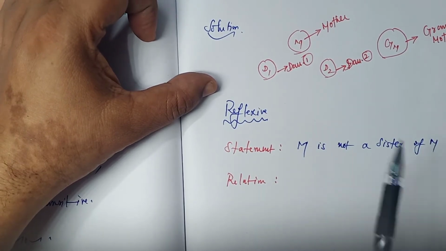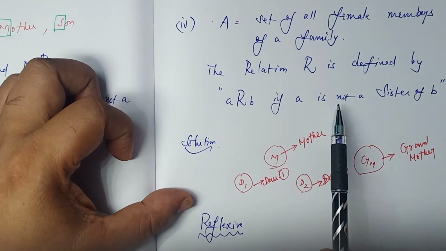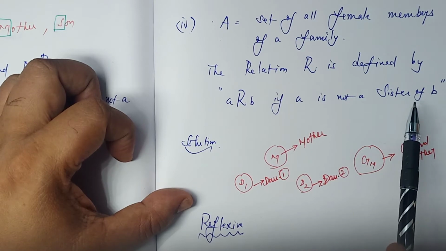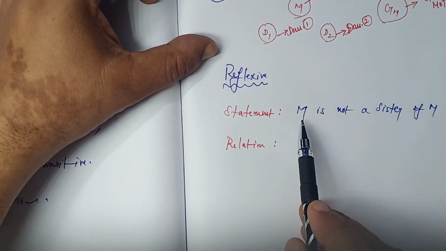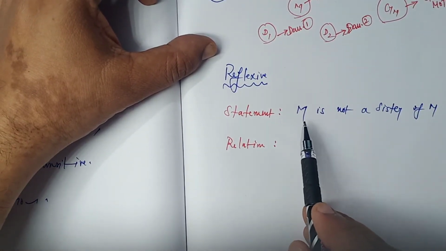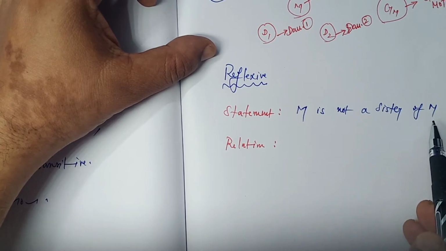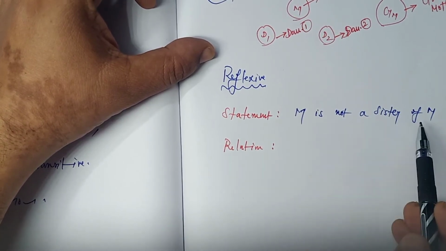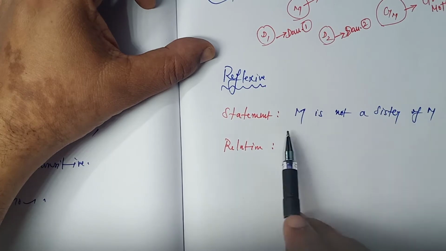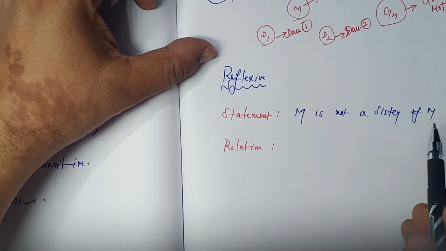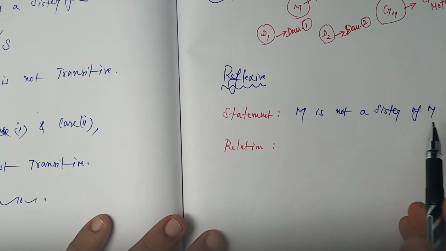This is the given statement. You have to consider "not a sister of". Mother is not a sister of mother. The given statement is true. It's correct, no? Same mother.